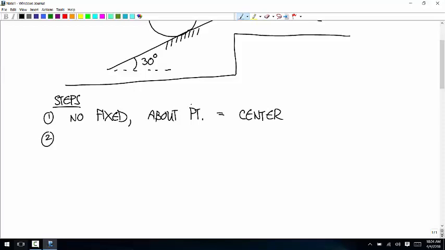And then since the about point is the center, the moment of inertia is 1/2 times the mass times the radius squared. So that is 0.02 kilogram meters squared.